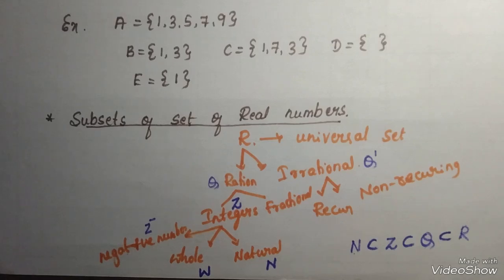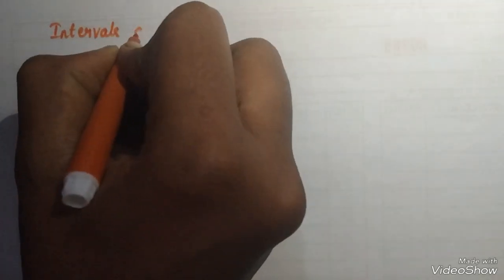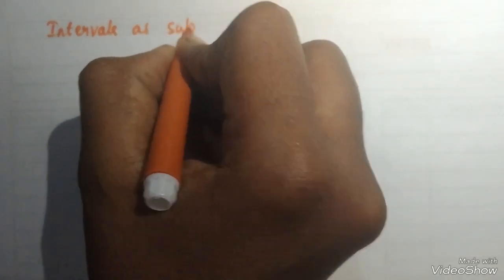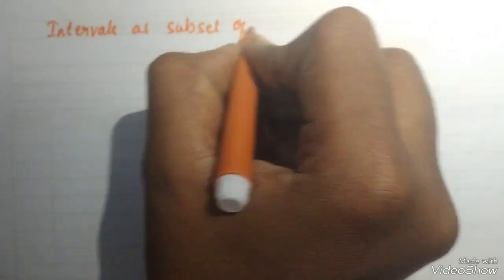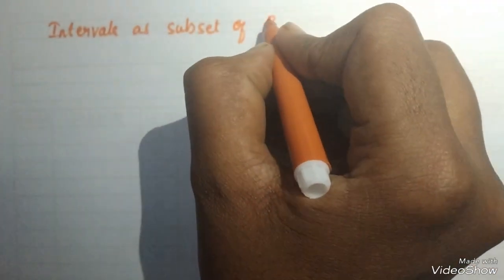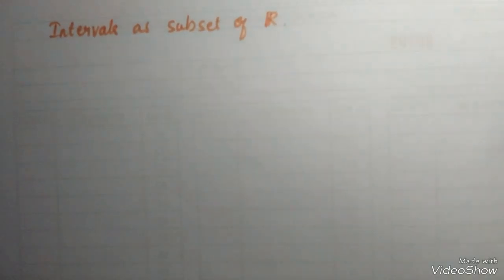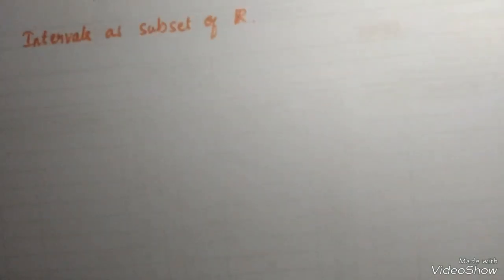Okay, now we discuss intervals. The next concept is intervals. Intervals are subsets of R. Usually capital R denotes the real numbers.